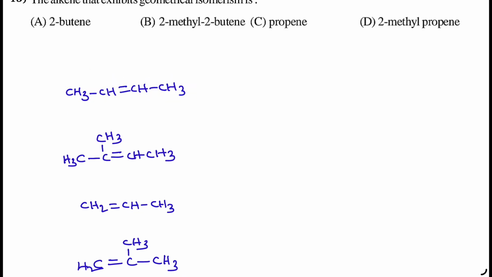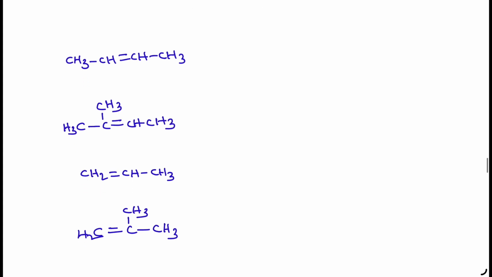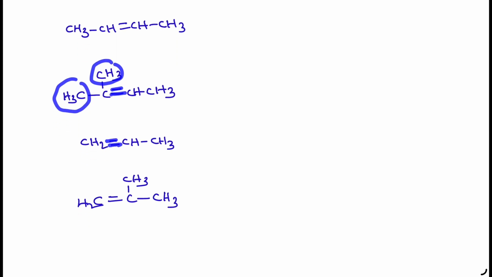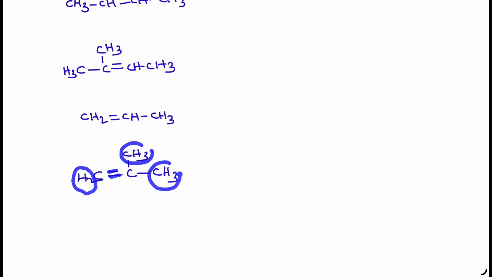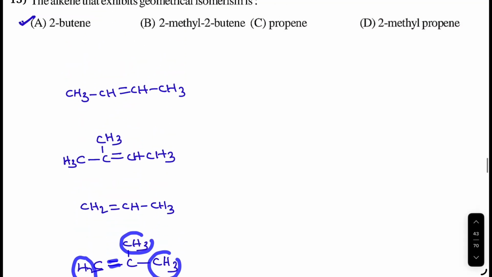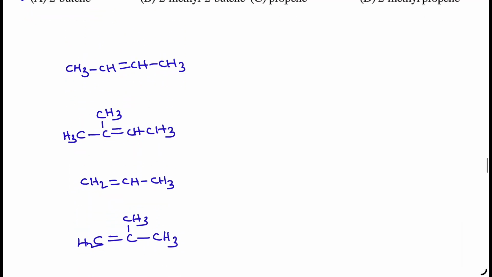So definitely 2-butene shows geometrical isomerism. We got the answer actually. This is not a geometrical center because here the groups are repeated. This is also not a geometrical center because the hydrogens are the same, repeated. Even here this is not a geometrical center. Here hydrogens are repeated, here methyl groups are repeated. So the answer must be 2-butene.